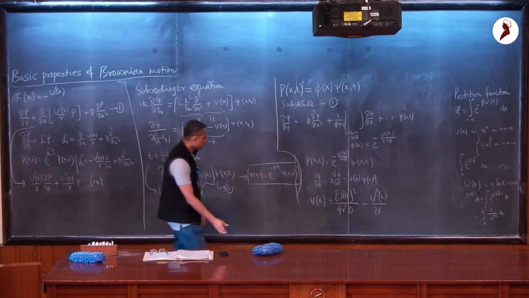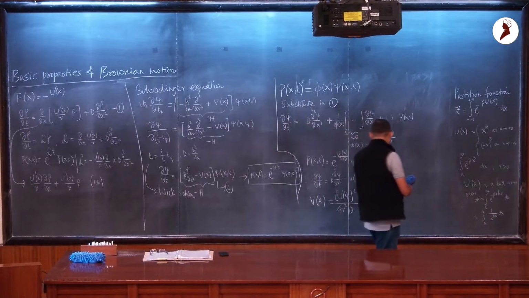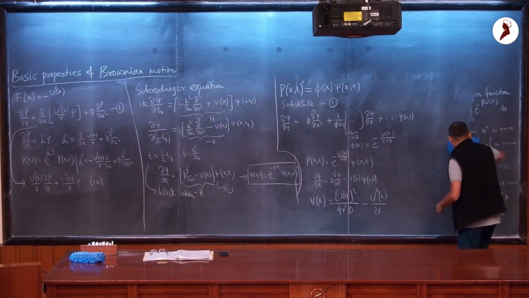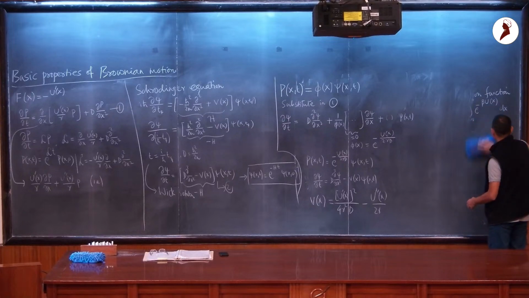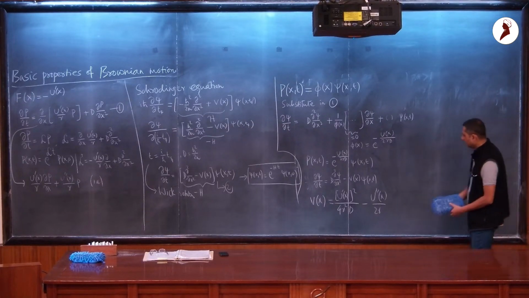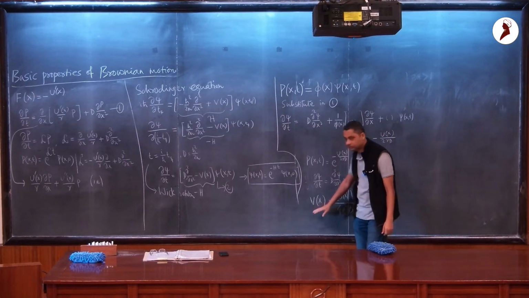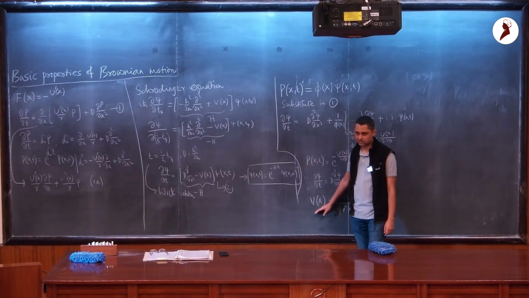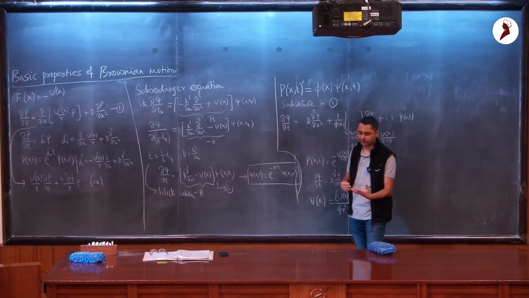So now, when do you have a stationary state, a bound state in quantum mechanics? We know that if we have a confining potential, we have a discrete spectrum.